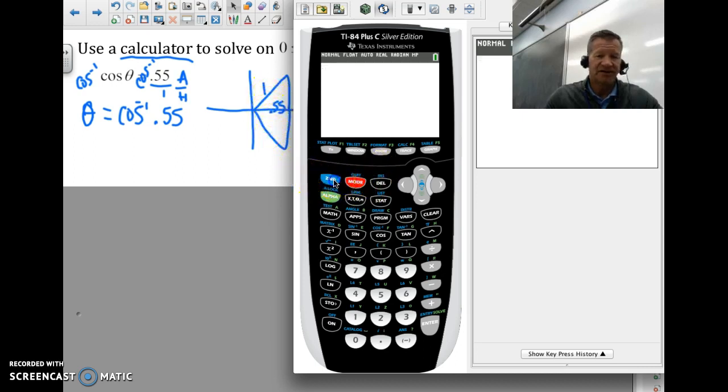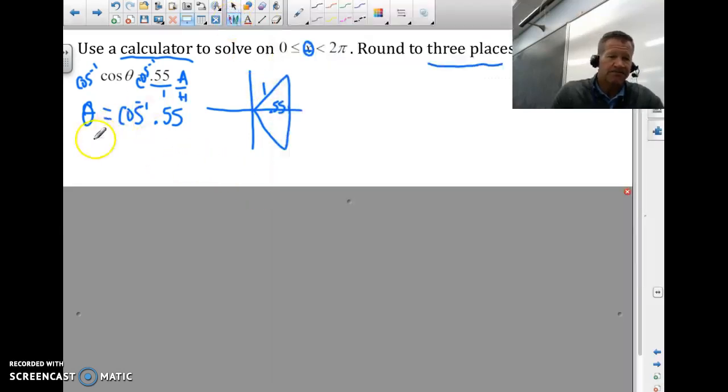So if I go second cosine, inverse cosine of 0.55, notice we're always in radian mode, right? I will get this answer in the first quadrant only: 0.98. So coming back here, I find out that theta is equal to 0.98 radians.